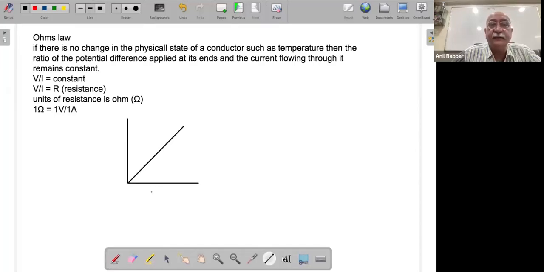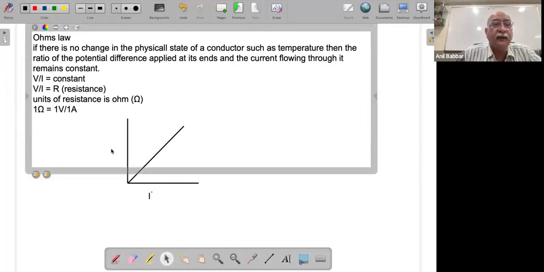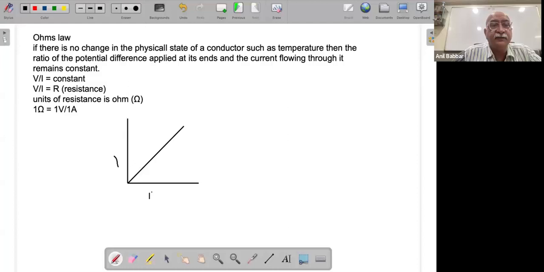This is I, and here it is V. If the graph is drawn between current and voltage, we always get a straight line.